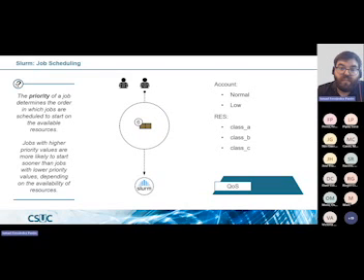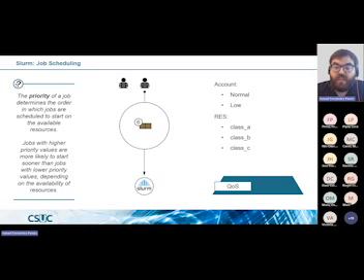As a user, you cannot control the priority of your job globally, and it is set by the system as a linear combination of different factors. The most important one is the quality of service, the QoS, which is linked basically with your account. Your account can have a normal priority or low priority if you are a REST user, class A, class B, class C, depending on your account.